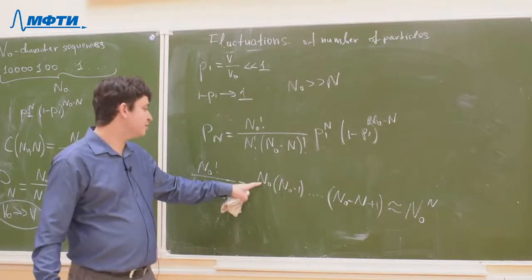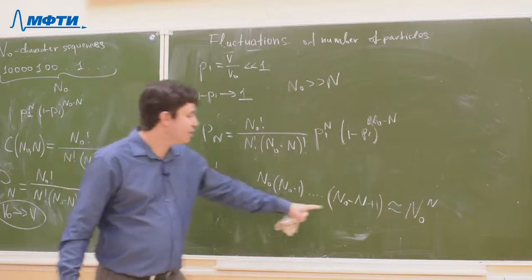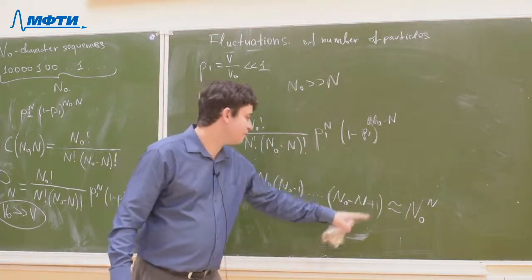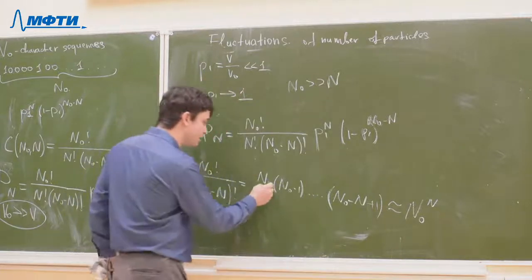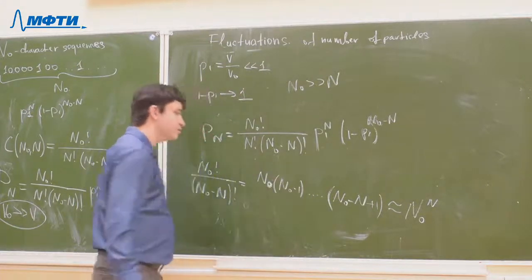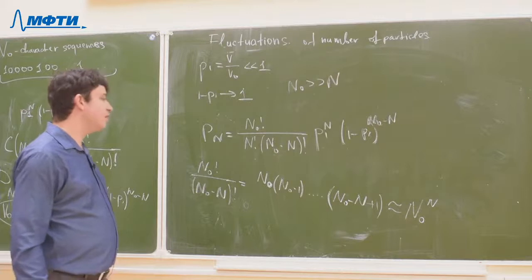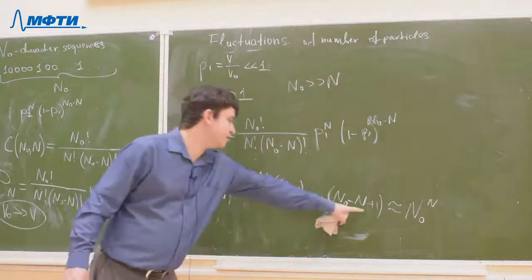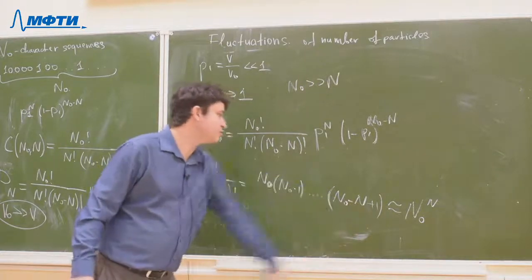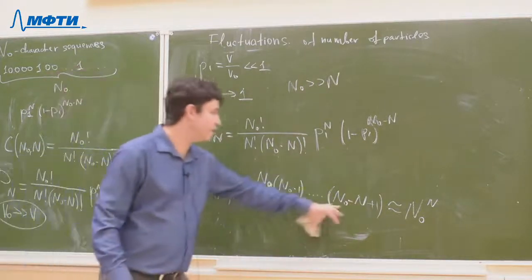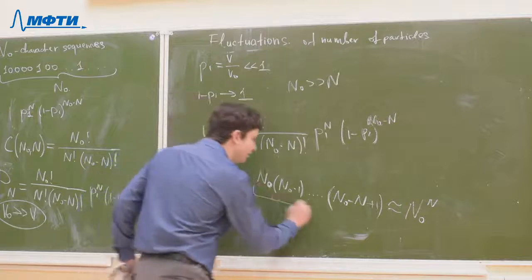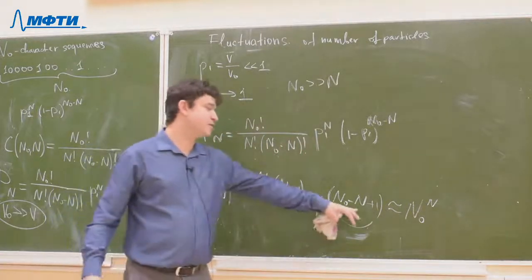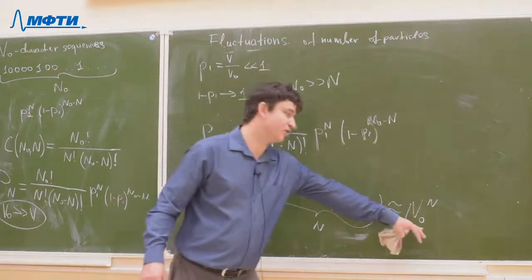We start with n0 minus 0, and we end with n0 minus n plus 1. So altogether, we have n factors here. So this is 1, this is n minus 1, and here we also need to add 1. So altogether, n factors in this product. And all of the factors are almost equal to n0, so that's why I can write this.